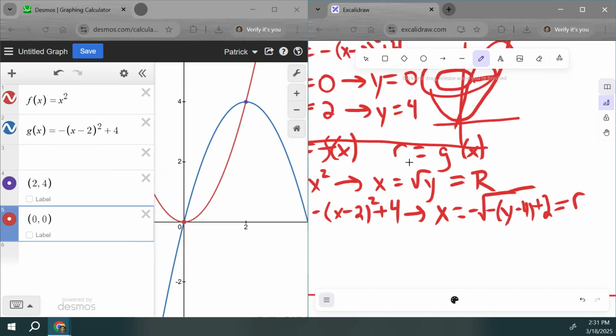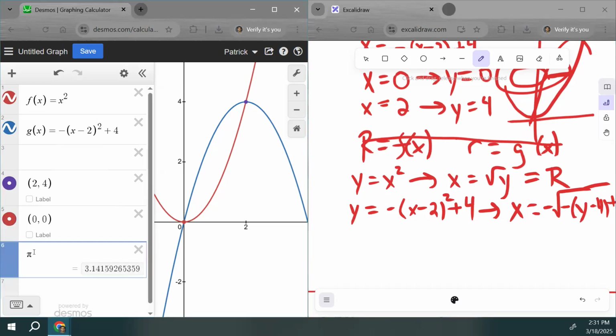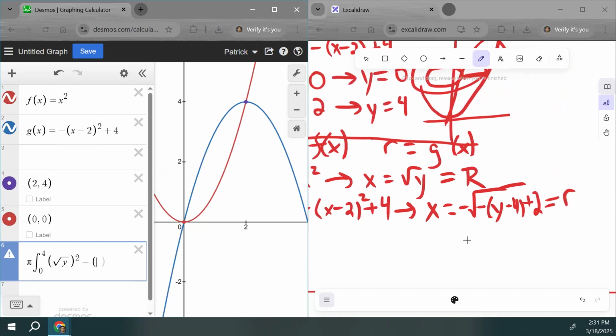So over here, we're going to do pi times the integral from 0 to 4 of big R, which is square root y, squared, minus little r squared, which is negative square root of negative y minus 4, plus 2, close those parentheses, square it, and then dy.